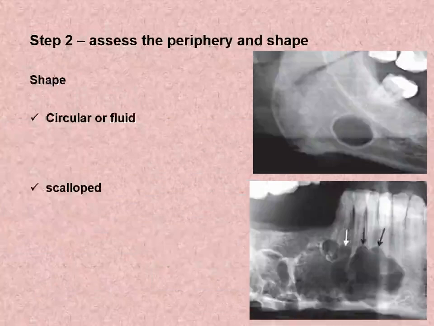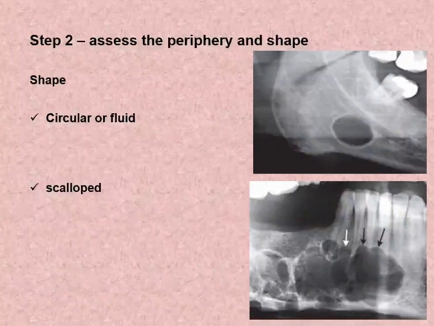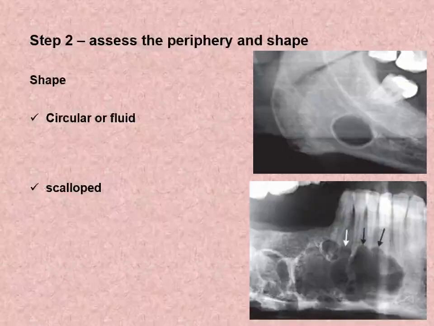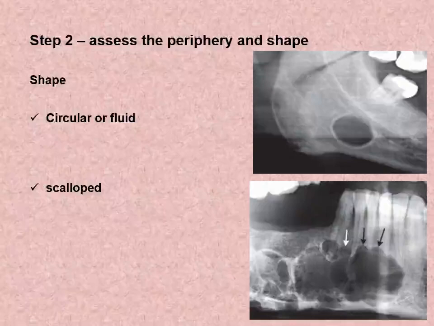Then shape. As the images clearly show, the first image shows a circular or fluid shape, which is usually seen with cystic lesions, where the fluid within the lesion gives a circular or fluid shape. The second shape is scalloped, as seen in the second image, where we see scalloping all around the margins.